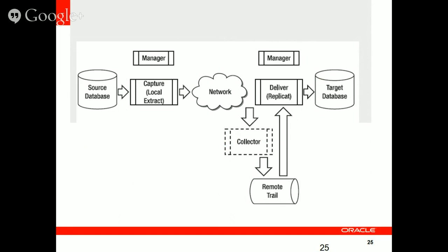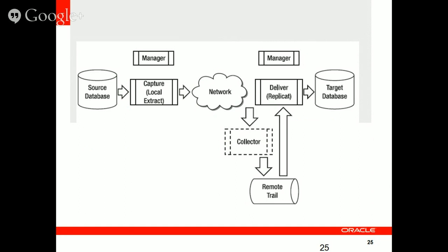You can see here you have manager processes running at the primary site and the target site. So manager must be running at both locations. The local extract is going to capture the committed data from the redo log groups of the source database, and through the network it will transfer all these changes to the target database.